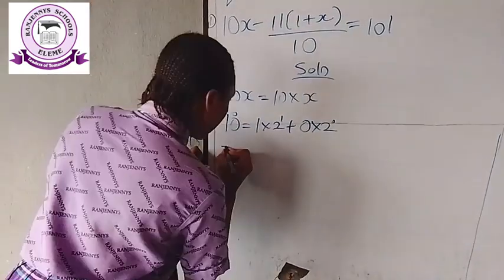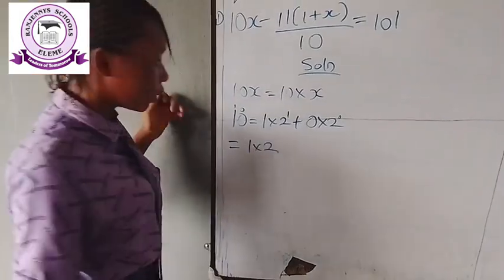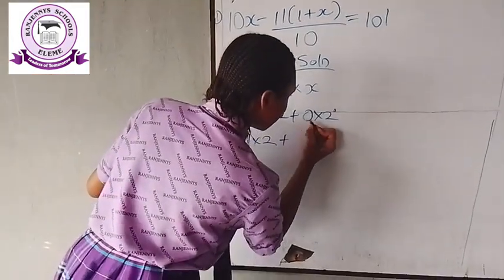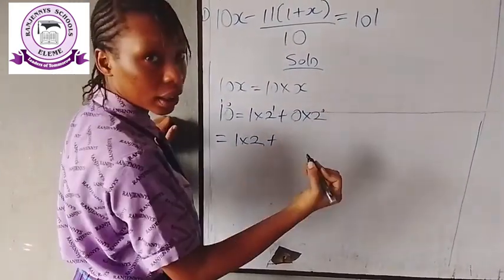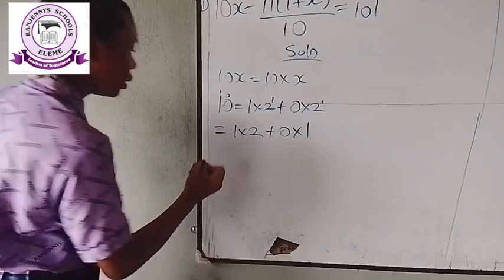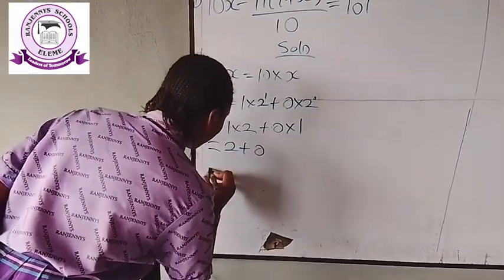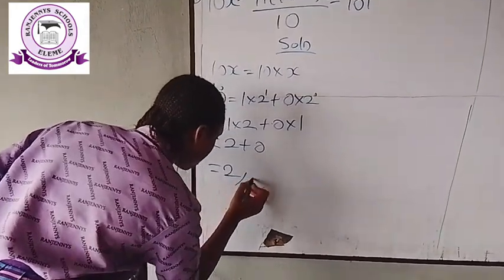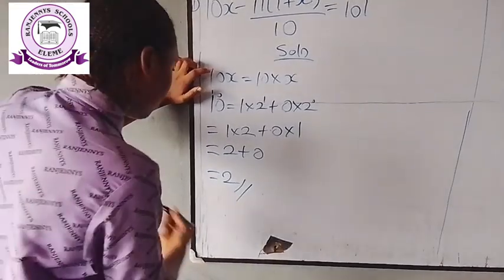So we have 1 times 2, since 2 raised to the power 1 is 2 already, plus 0 times 2 raised to the power 0, which is 1. So it's 0 times 1. Then it equals 2 plus 0, which is the same thing as 2. So 10 is 2 in base 10.